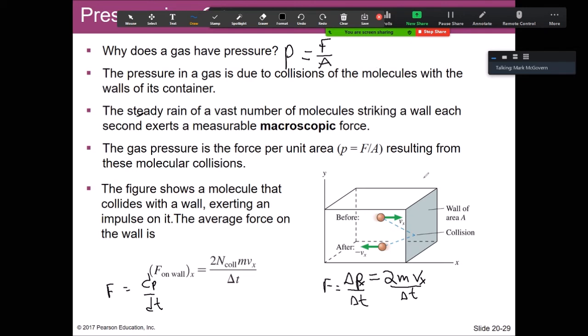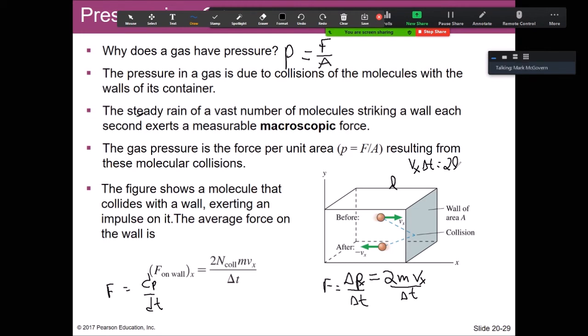Let's say that the box here has a length L to it. The A that I'm referring to is the area of the collision right here. A given particle is going to travel across here, hit the wall, and then travel back. If you want to talk about an average time elapsed between collisions with a wall, it's going to look like this: the speed of the particle, Vx, times delta t, equals 2L.